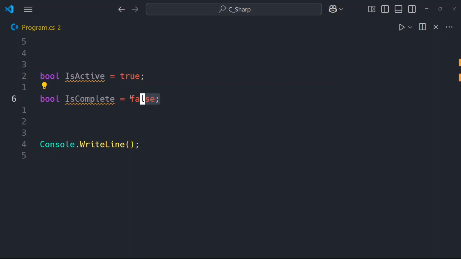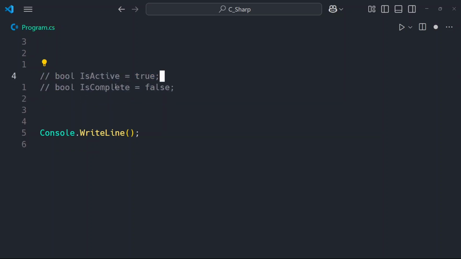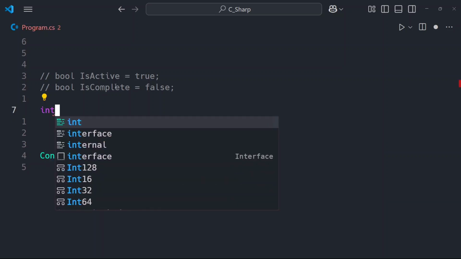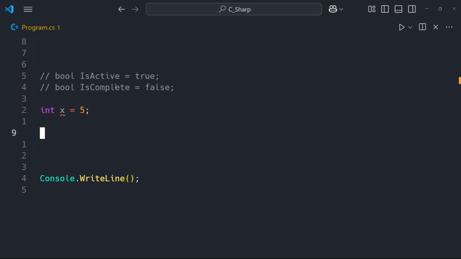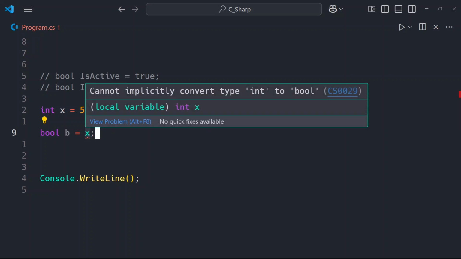So for example, let's comment this out for now. Here's what I mean. So you say int x equals 5, and you say bool b equals x, that is going to throw an error. It says cannot implicitly convert type int to bool, exactly as I said.